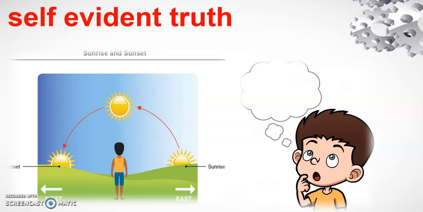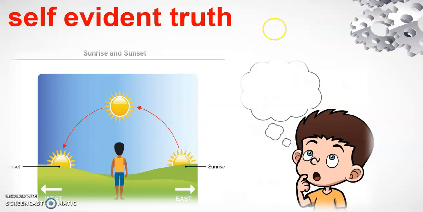Of course, you agree. Why? Because every day you are watching this incident, every morning the sun rises in the east and sets in the west, isn't it? So you simply assume this statement is true without other thoughts, isn't it, children?